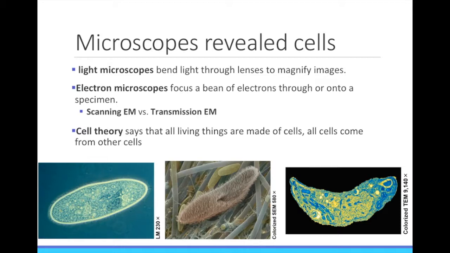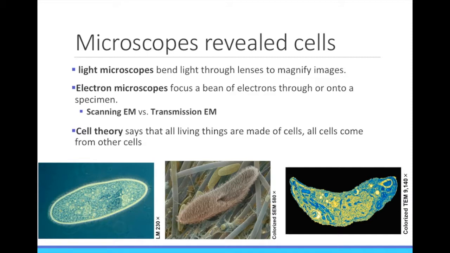Another type of microscope is the electron microscope. This sends a beam of electrons at a specimen, and they bounce off or go through it and create an image. With scanning electron microscopes, the beam of electrons bounces off the surface and creates a 3D image of the surface of the specimen. You can see a scanning electron microscope image of a paramecium in the center picture.